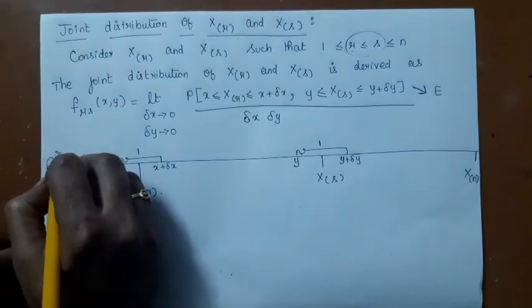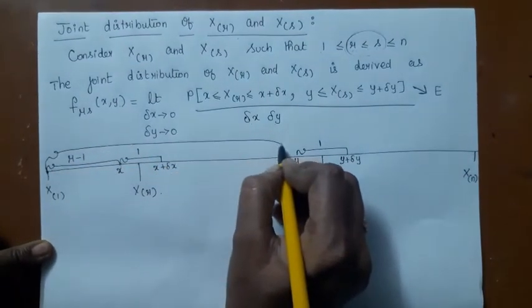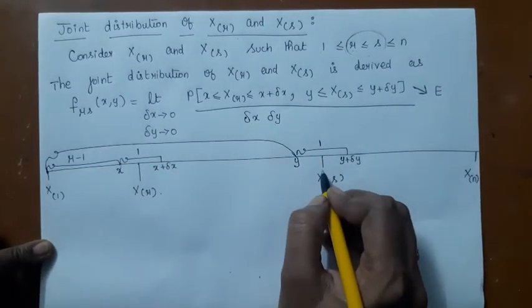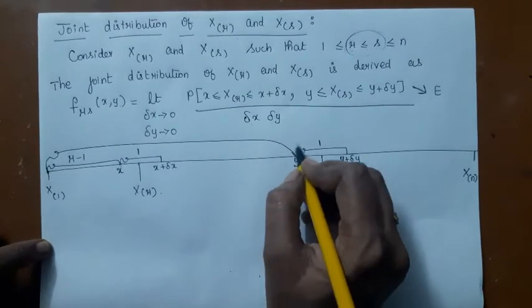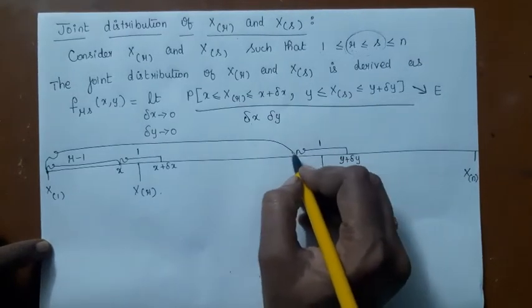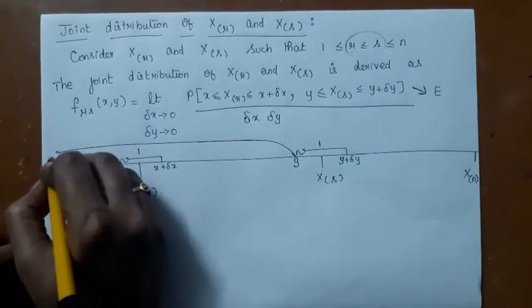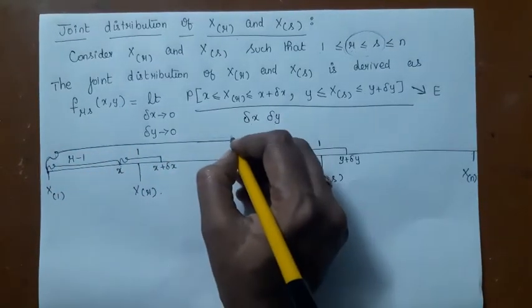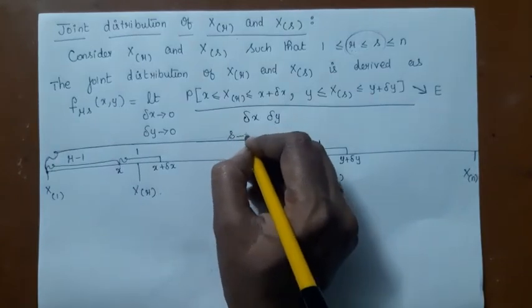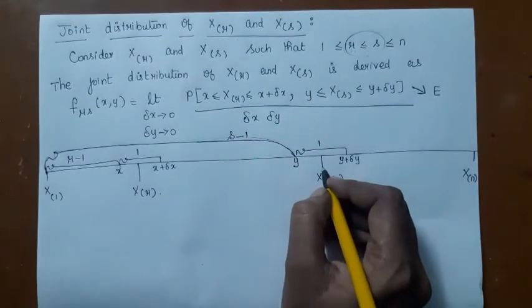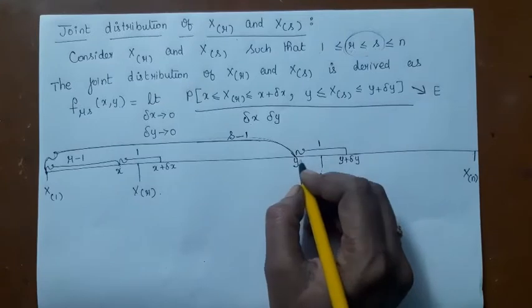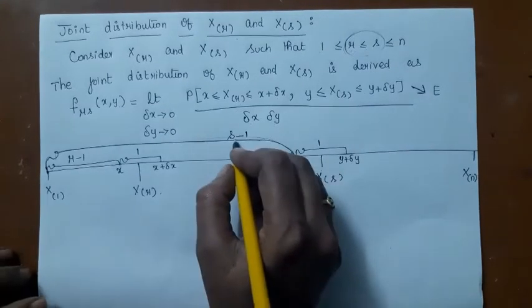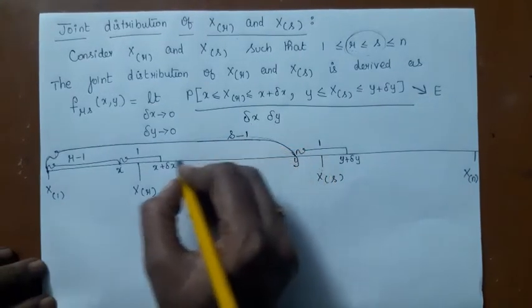Now consider the next part. Up to this you have S values. One value lies within this small interval. So how many values will be there in the interval from X1 to y? If you go up to this, you have S values, and one value is left out here, so you have S minus 1 values.